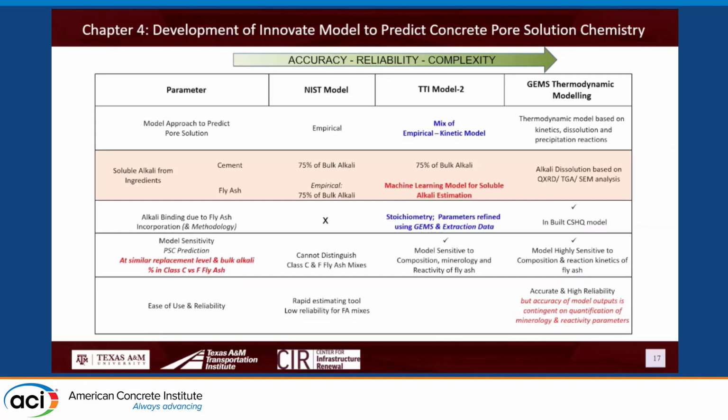And it is also very sensitive to the composition as well as the mineralogy and reactivity of the fly ashes. Regarding its use and reliability, it's now a rapid estimating tool because we are developing this as an Excel plugin. It definitely has a much higher reliability than any previous models, but of course when you compare it with GEMS, there's definitely some deviation there.